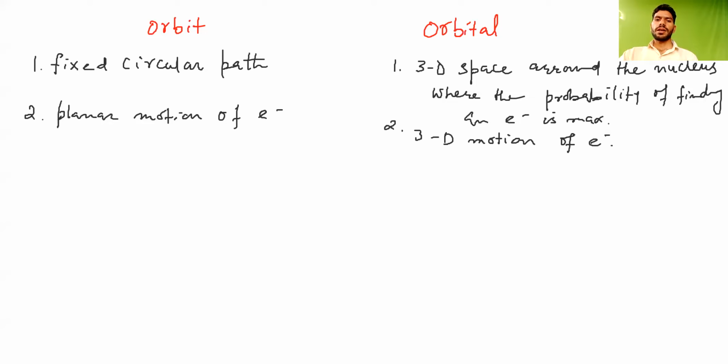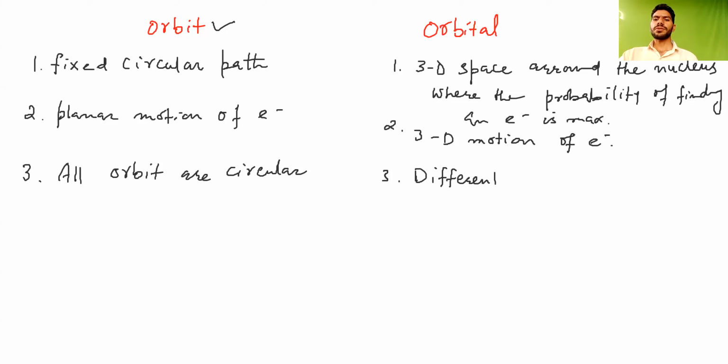Okay, then the next difference which you can note down is that all orbits are circular, right? All orbits are circular, but different orbitals have different shapes. You will write here that different orbitals have different shapes. For example, as you have seen in the first slide, s orbital has a spherical shape, right?